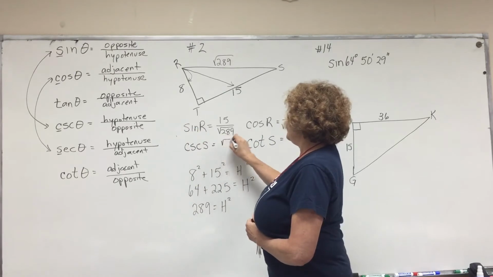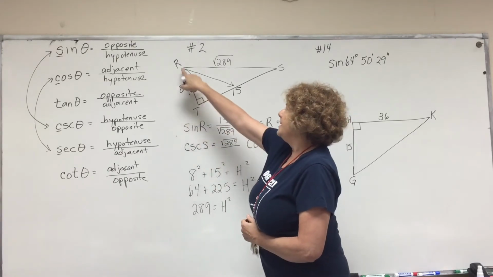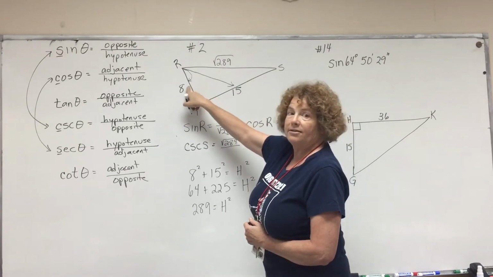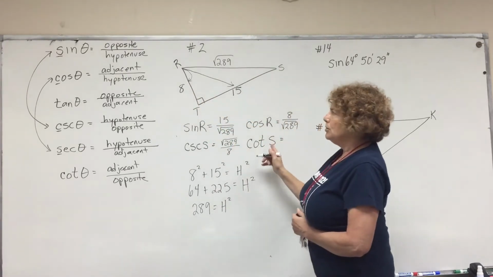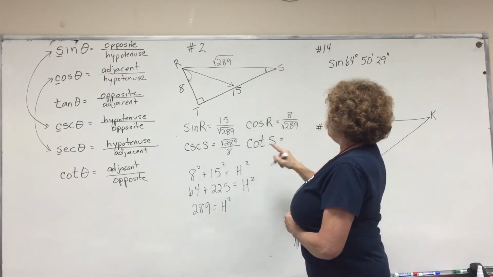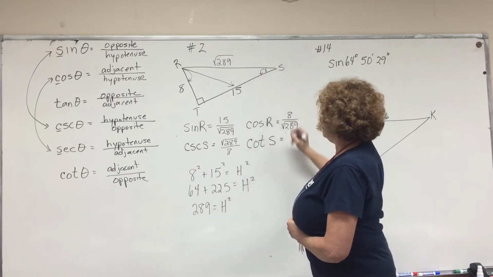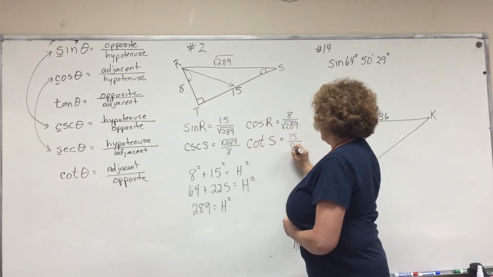So the cosecant would be 289 over, what's the opposite of S? It's not the same as the opposite of R. It's the side that's opposite of S. So it would be over 8. And the cotangent of S, see now we're looking at S, would be the adjacent, which would be 15, over the opposite, which would be 8.